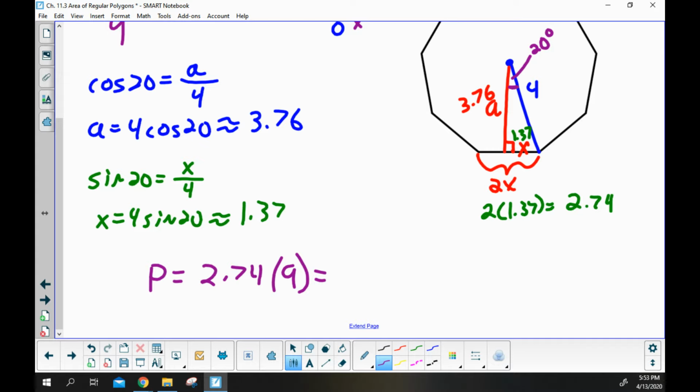And if you do 2.74 times 9, I gotta do it myself. I'm waiting for my calculator to boot up.